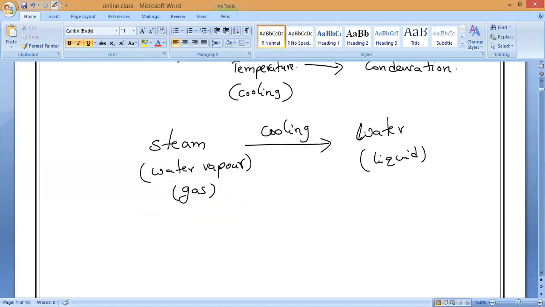Now let us discuss what this condensation is and how it takes place. During this change of state, gas will form into liquid state.